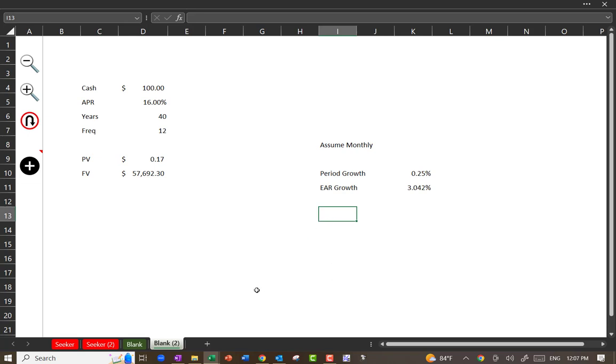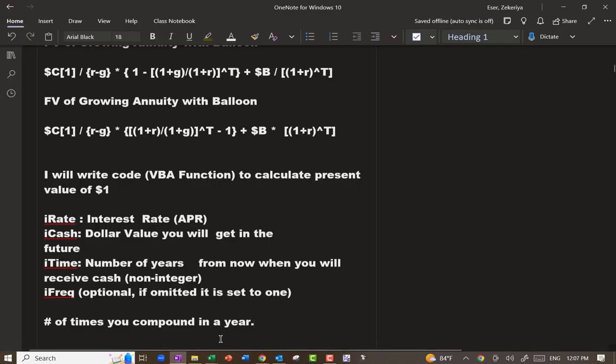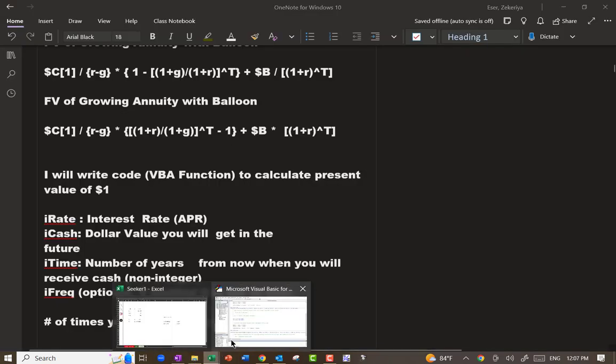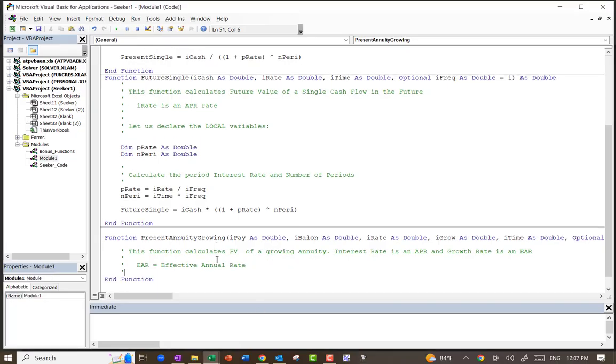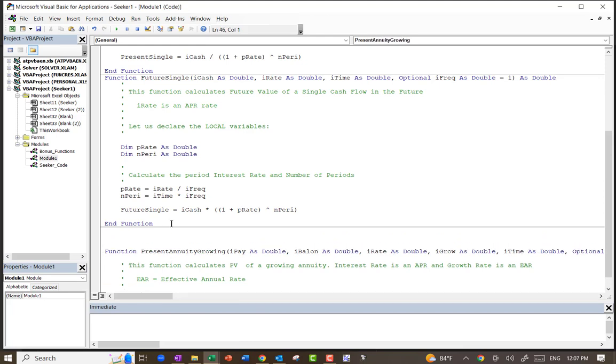I'm going to write a little function for a little task, and I'm going to call this FromYearsToPeriodicRate.